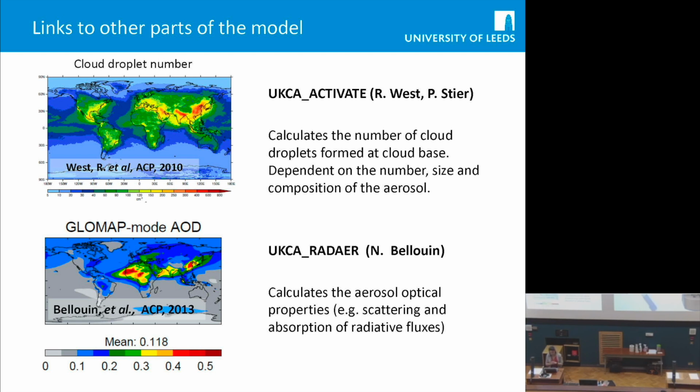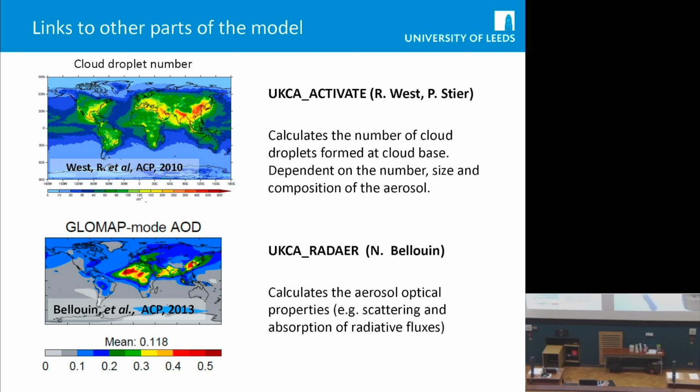The other element of that is called UKCA rad air. So this is where all of the information about how reflective or absorptive our aerosol size distribution is. And so what the little map on the left is showing is the aerosol optical depth, it's probably a global average, an annual average actually, sorry, from the GLOMAP-mode model.